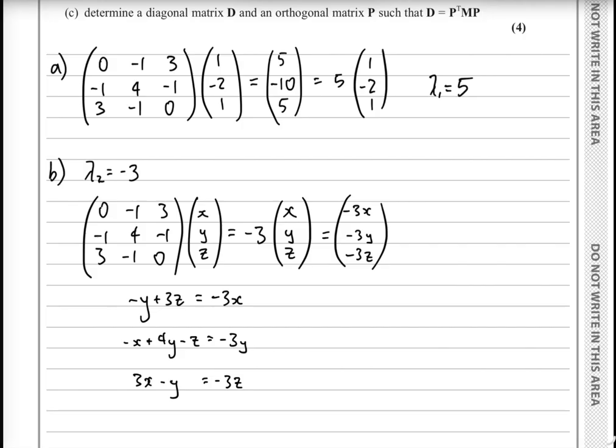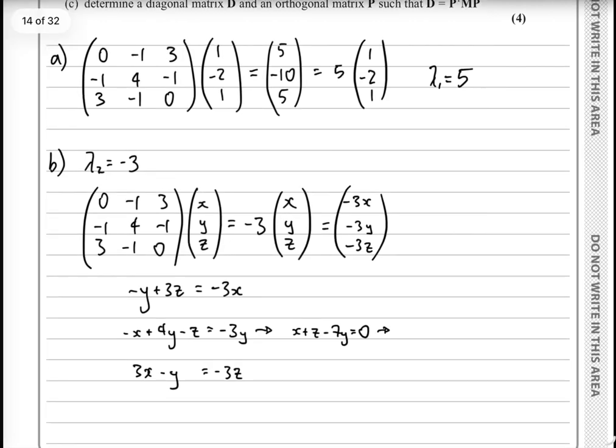You can see, I hope, that the first and the third are telling you the same information. The second one I can rearrange slightly. That's x plus z minus 7y must equal 0. And if I change that by multiplying by 3, 3x plus 3z minus 21y equals 0.